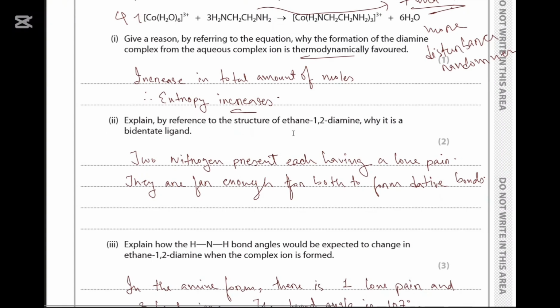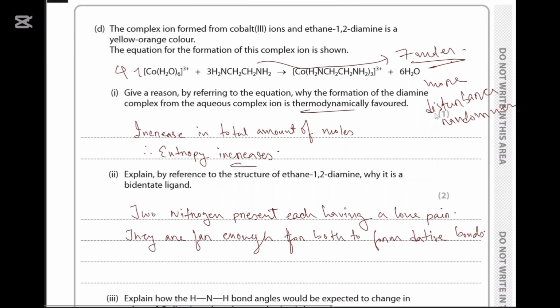Explain by reference to the structure of ethane-1,2-diamine why it is a bidentate ligand. It's a bidentate ligand because we have two nitrogen atoms here. You can see that if I draw here, there are two nitrogen atoms, each having a lone pair, and these two lone pairs are available to form dative covalent bonds.